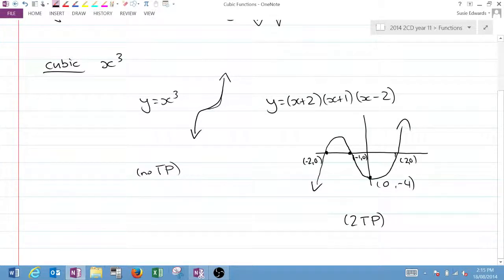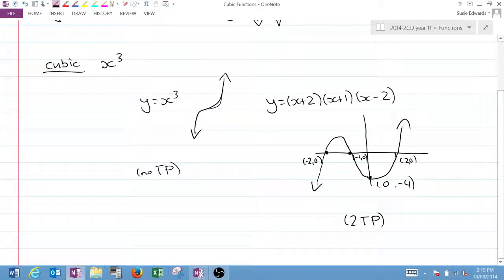Can anyone see any reasons why I could quickly find those points on that line from the equation? Julian? Perfect, okay.